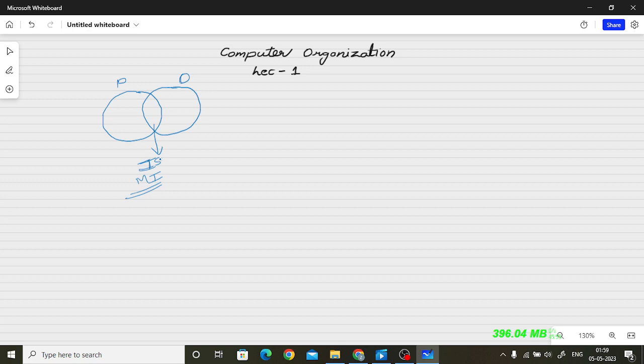What's the role of a control unit, what's the role of ALU, what's the role of registers, and what's the role of memory in this, and how the instruction moves from register to memory, memory to register, and register to registers and all. Okay, so let me draw a block diagram of this.